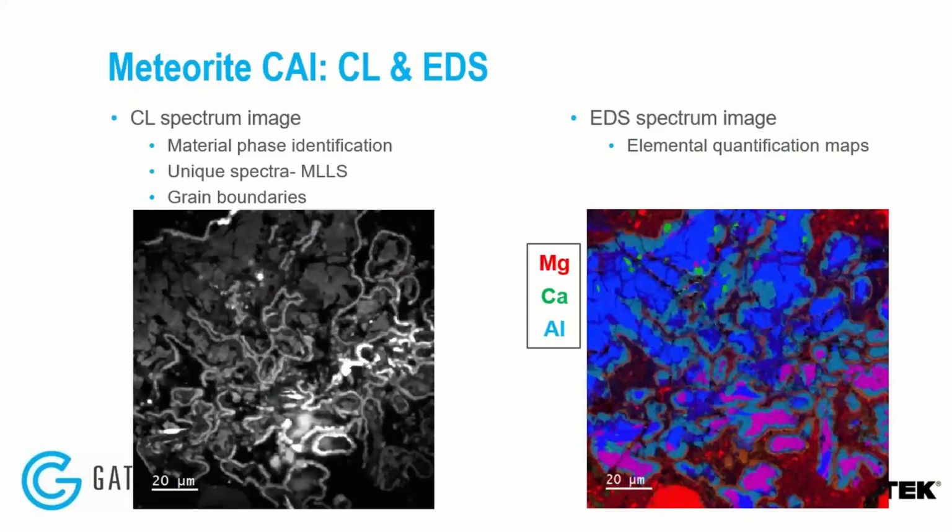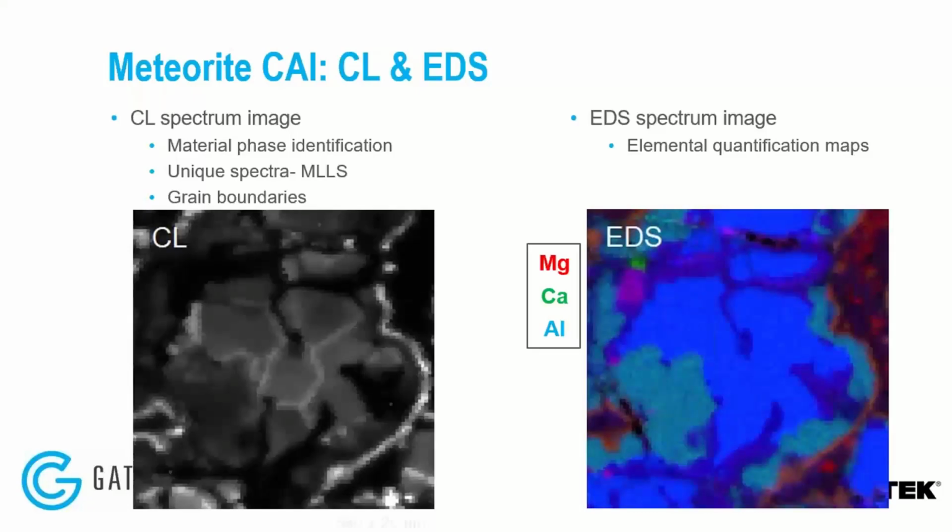CL also gives us the opportunity to look at grain boundaries. This is something you don't get from EDS, where we have a high confidence of elemental quantification and element identification, but in CL you have the opportunity to see more nuanced information like grain boundaries. As you can see here, we're seeing some brights in the middle of this grain of hibonite.